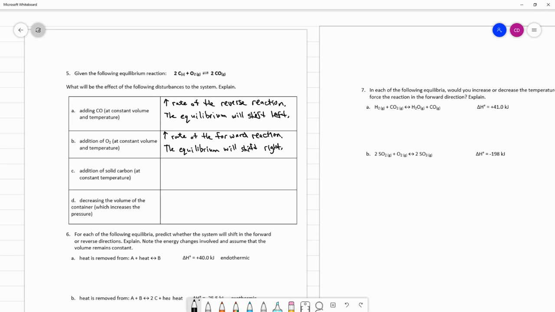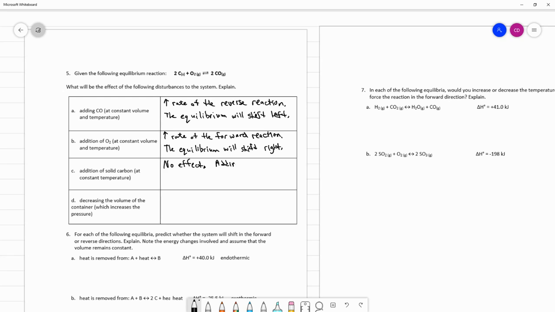Okay, adding solid carbon. So adding a solid is not going to affect the equilibrium here. There's an exception to the rule here. So adding a solid or a liquid, if you remember, we don't include solids or liquids in our equilibrium calculations. So adding those has no effect on the equilibrium because it doesn't change any of the concentration.